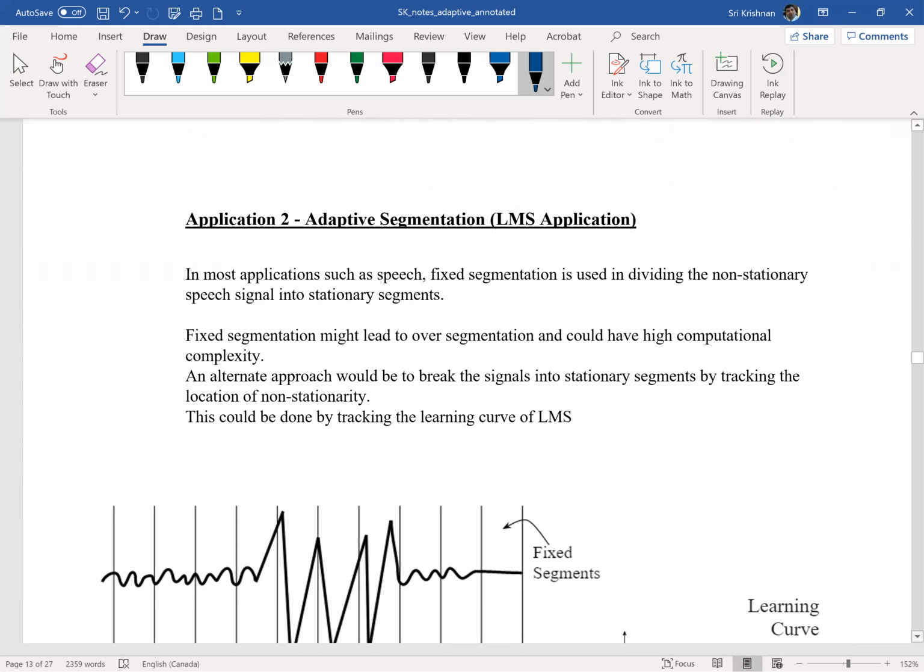Adaptive segmentation is super important these days, because we are monitoring signals over a longer duration. Continuous monitoring is currently happening with all these smart wearable devices, watches, phones, Fitbit-type wearable devices. So you need to find a way to analyze those signals.